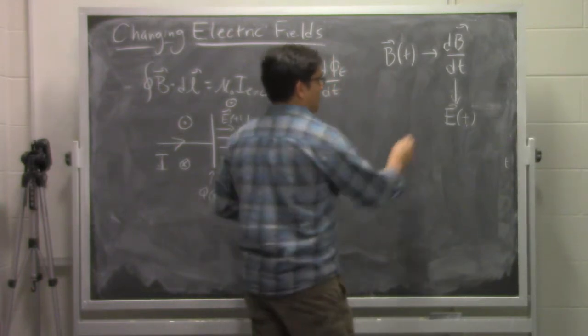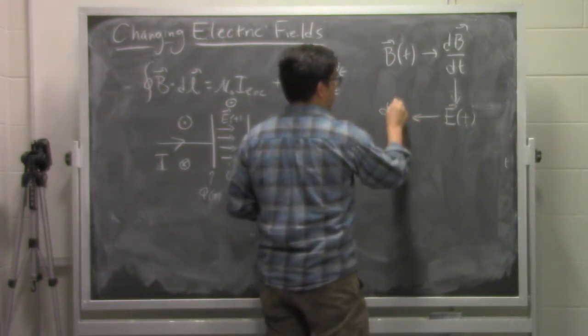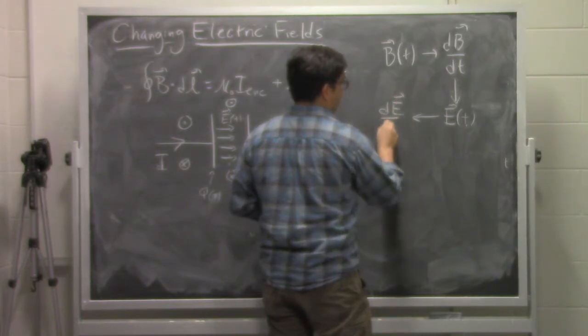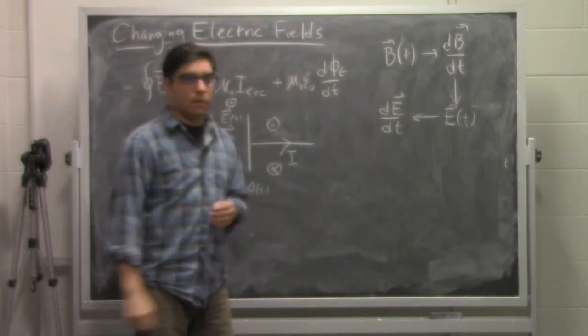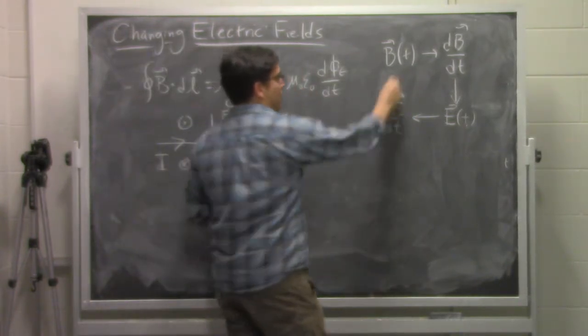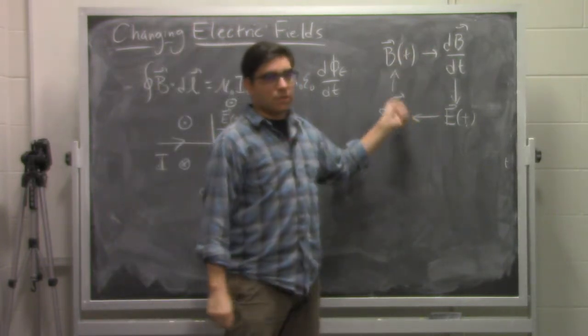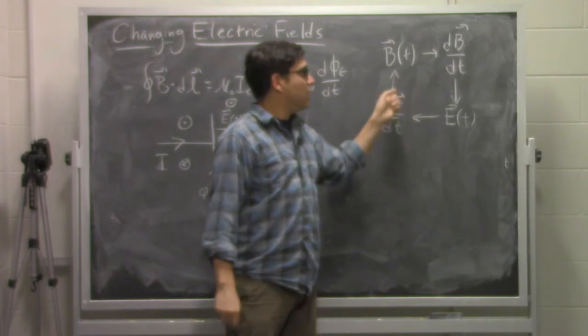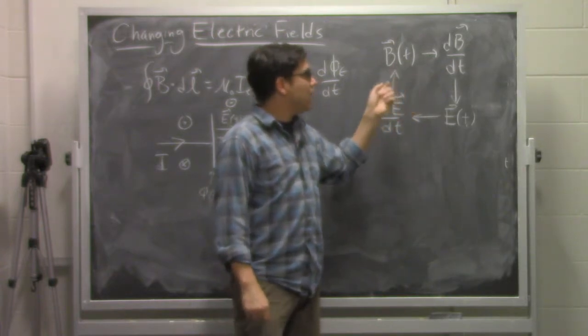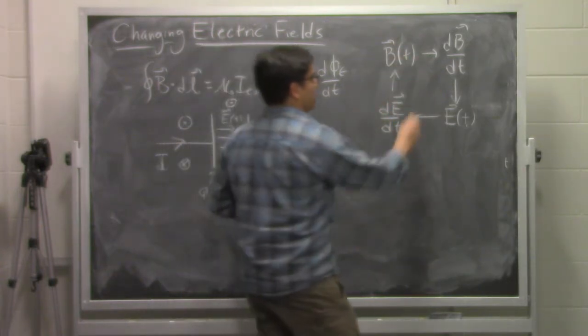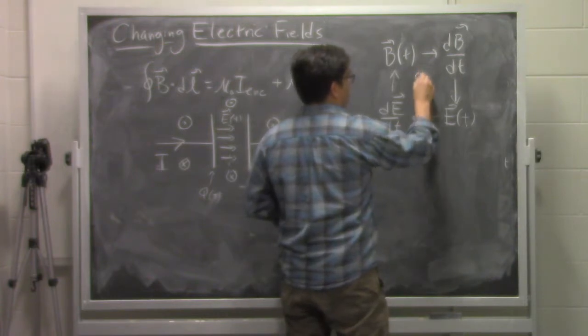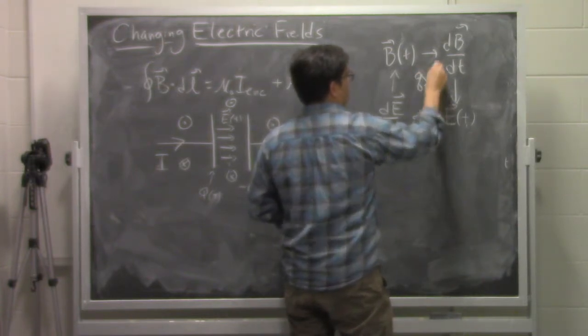If that electric field that changes with time has a non-constant derivative, then that drives a magnetic field that changes with time. And you can see this cyclic process continues. And in this process, there's no discussion of any sort of charges or currents. They're not needed.